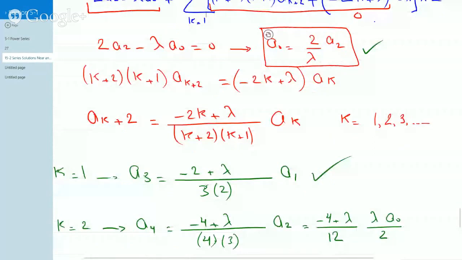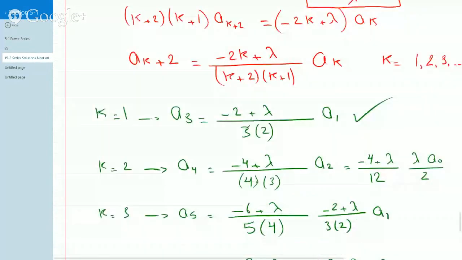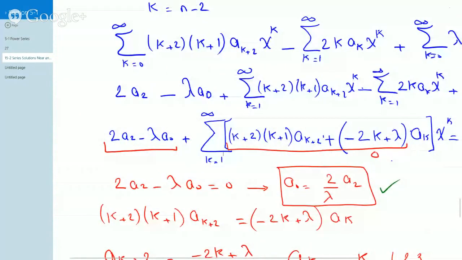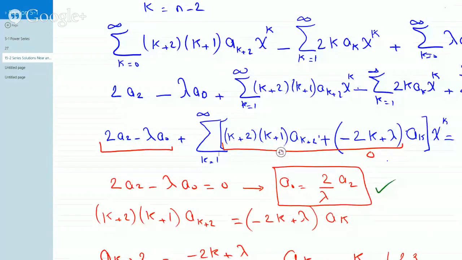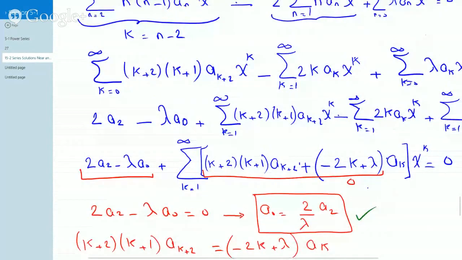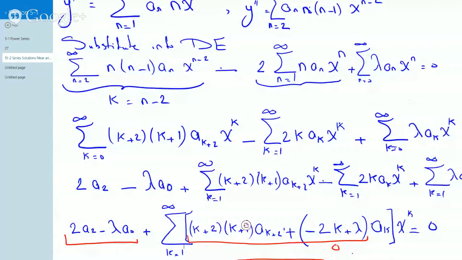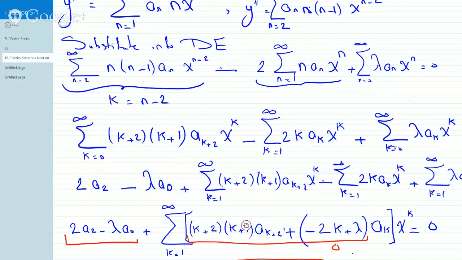How come we have... oh, this is plus lambda a0.